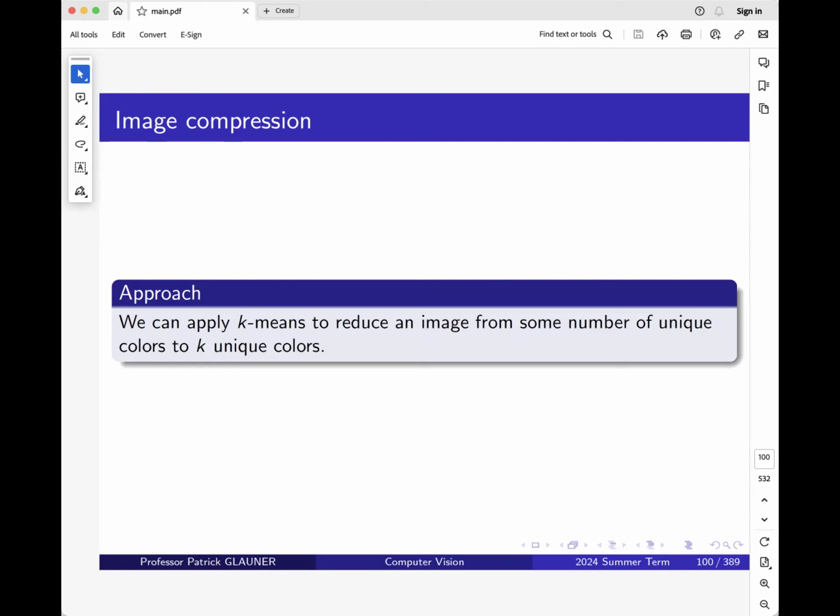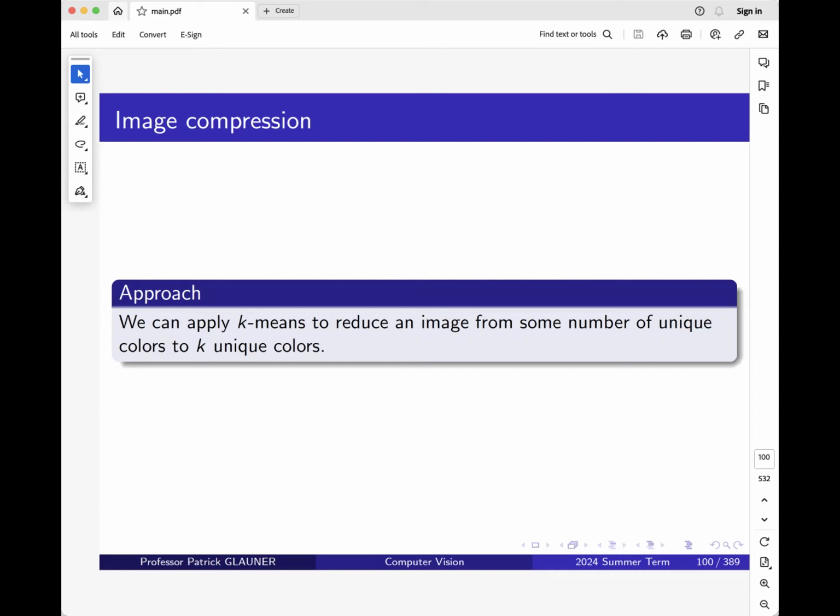And then we would not be storing anymore the color directly in our pixel image, but rather in every pixel, we would just store a reference, and the reference would be maybe just a byte or less, depending on how we represent it. And that reference would refer to our color map. And in the color map, we are storing these unique colors.